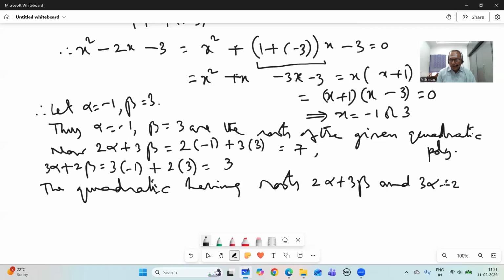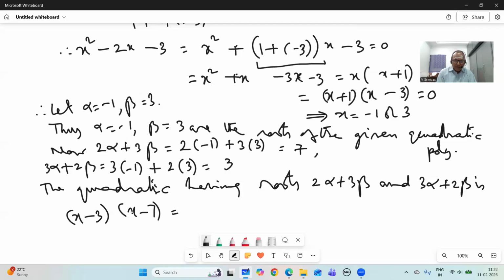So we want the quadratic polynomial for which the roots are 7 and 3. That is x minus 3 into x minus 7. You subtract 7 from x and subtract 3 from x, and you get two linear factors, multiply them. You get the required quadratic.